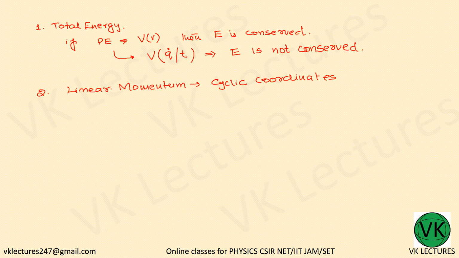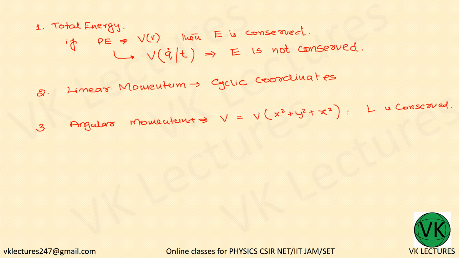Now looking into the angular momentum, this is also given by the potential V. If V is a function of x square plus y square plus z square, then L is conserved.